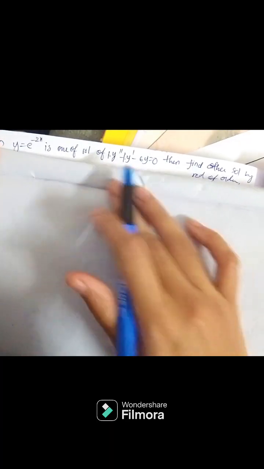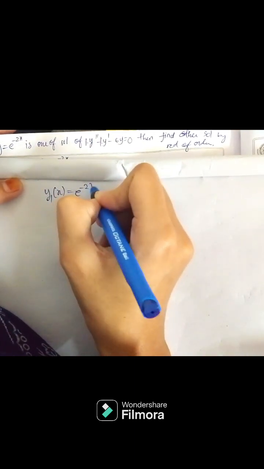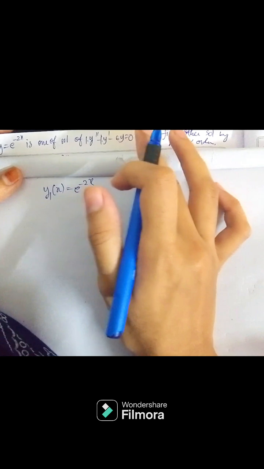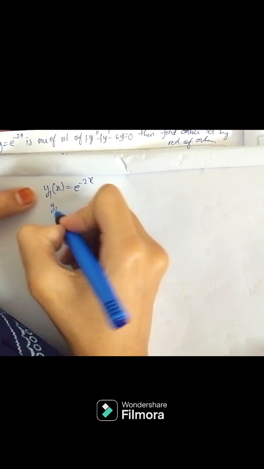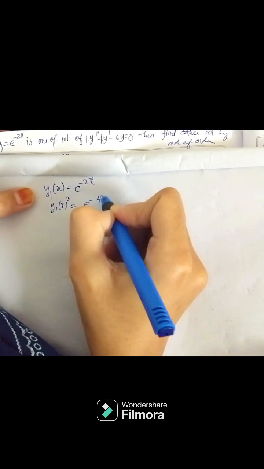See this. So y is equal to e power minus 2x is one solution. That means y1 of x is e power minus 2x. It's already given in the question. Okay. Then find the other solution by reduction of order. So first, y1 of x square is e power minus 4x.